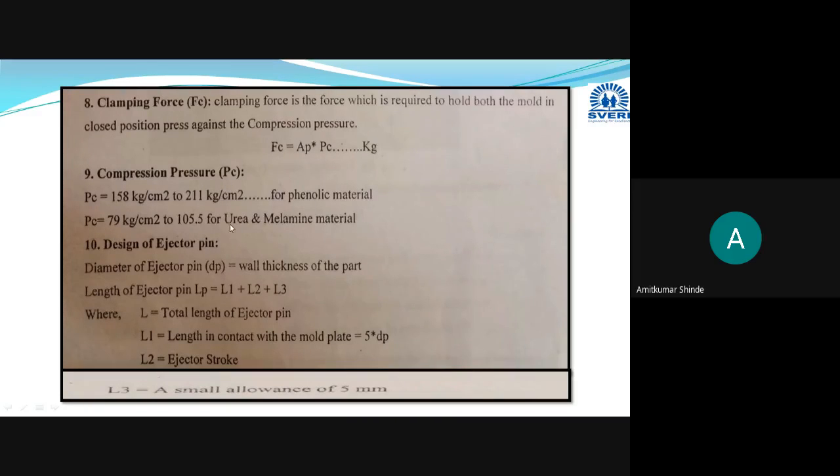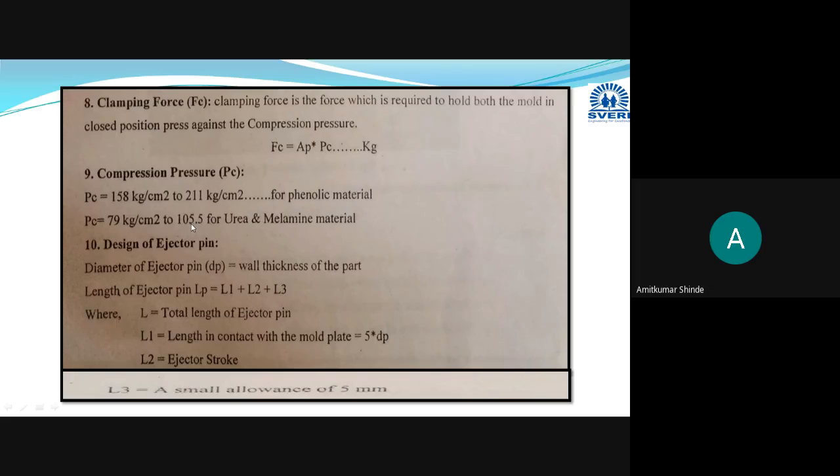Then, compression pressure depends on the material. Generally we are using phenolic or urea materials. Just remember this difference here. For phenolic material, the compression pressure is in the range 158 kg per centimeter square to 211 kg per centimeter square. And for urea or melamine material, it is in the range 79 to 105.5.